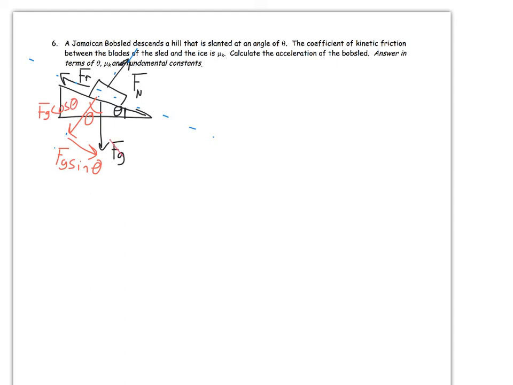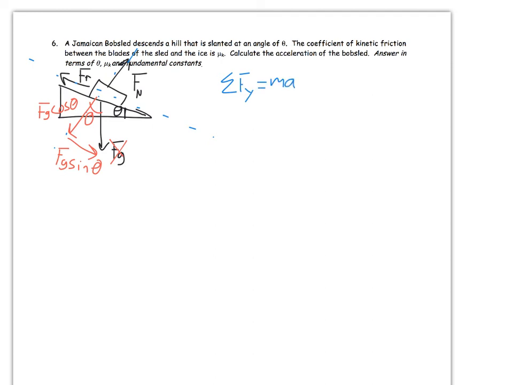And keep in mind, as I'm setting up my max and may, I've replaced Fg with its x and y components, so we won't see Fg by itself anywhere in these equations. Next thing I'm going to do is set up my F equals ma in the x and y direction.